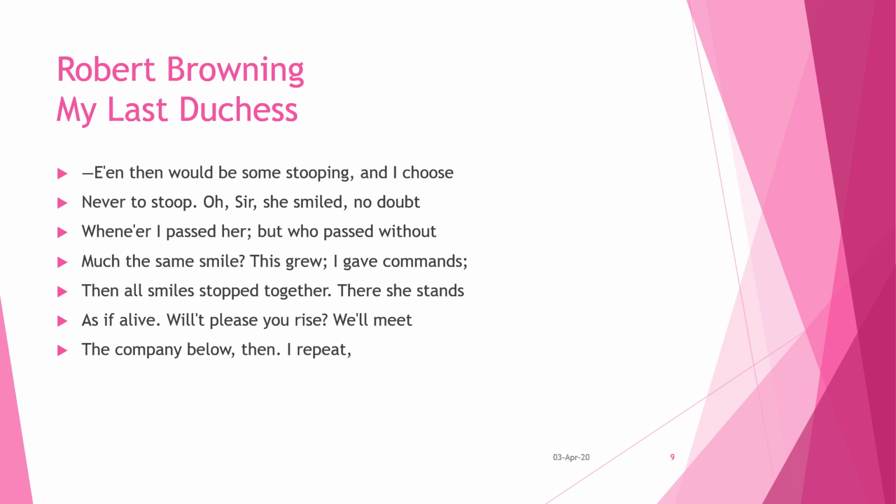"Will it please you rise?" The Duke tells him. Oh, will it please you rise? Do you want to rise? "Okay, we'll meet the company below." Come on, let's go downstairs and meet the rest of the people downstairs.